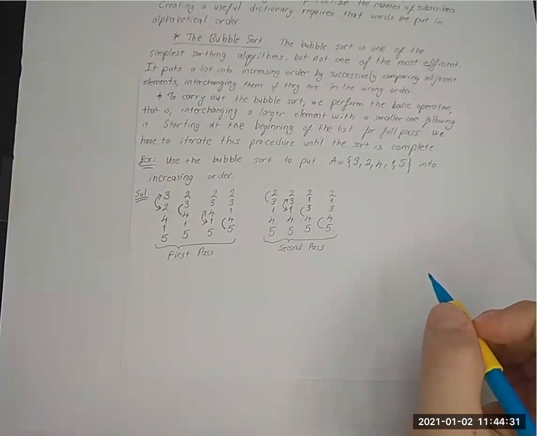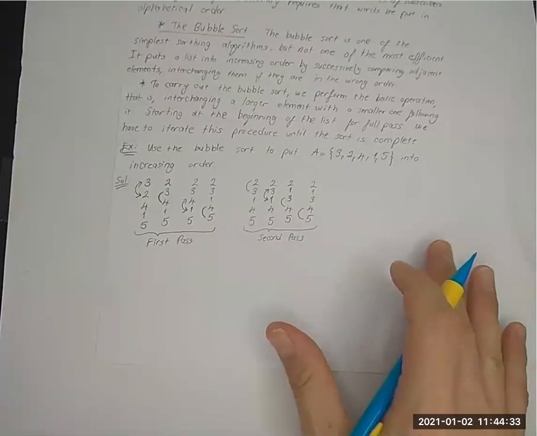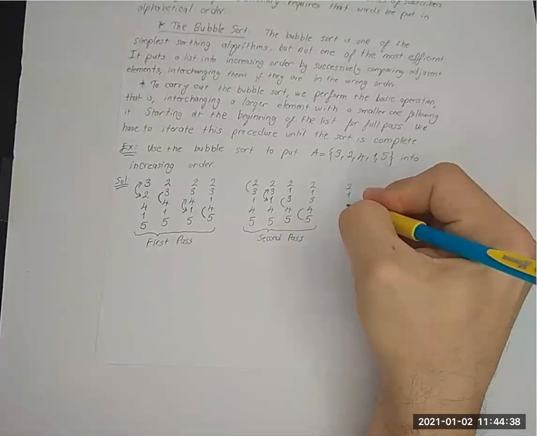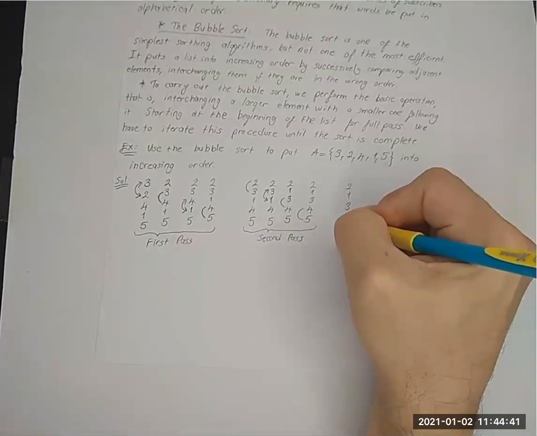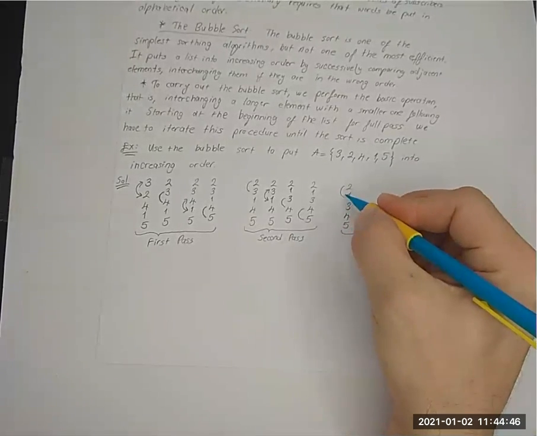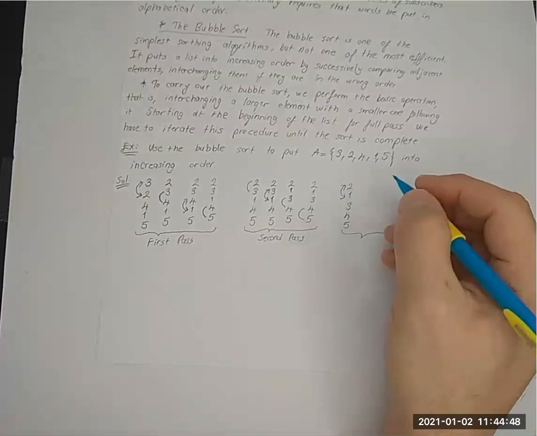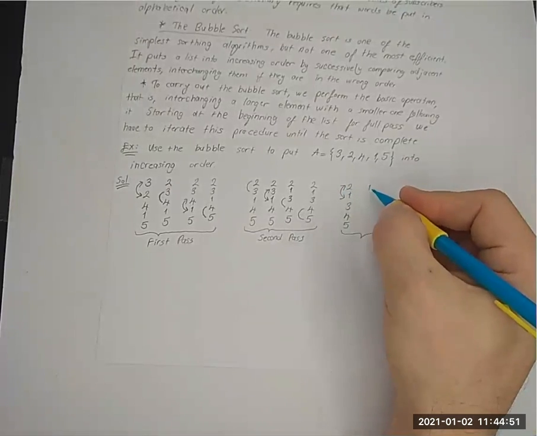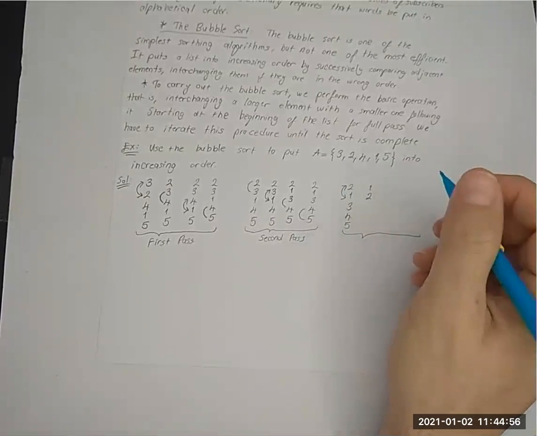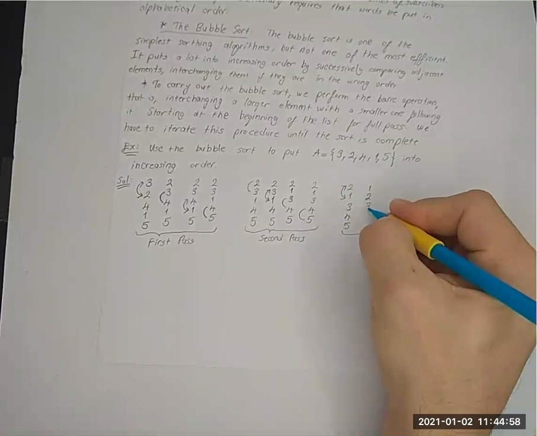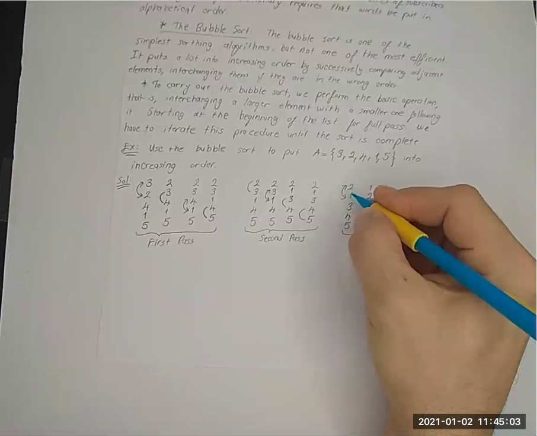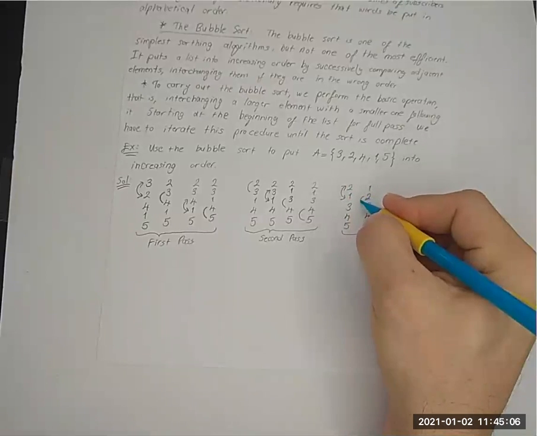The algorithm repeats itself, a third time, and I have 2, 1, 3, 4, and 5. When I checked here, I had to change the place because I need 1, 2 here, right? 1, 2, 3, 4, and 5. I interchanged the place of 1 and 2, and I'm checking 2 and 3.